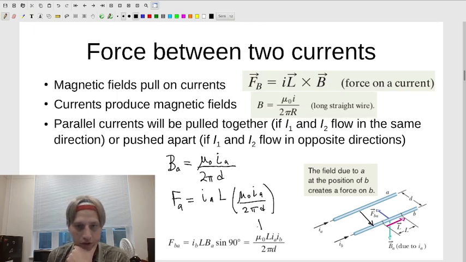Then I can rearrange that to get the expression that's in your book: mu naught times the length of the wire I'm concerned with times I_A times I_B over 2 pi d. The interesting thing is that the force is going to be the same in each case. So the force of B on A is going to be the same as the force of A on B. You can think of this as a Newton's third law type of action-reaction force, where they're equal and opposite.